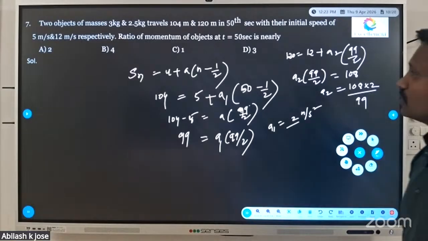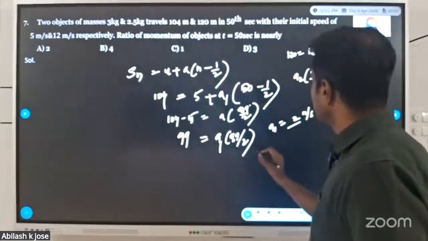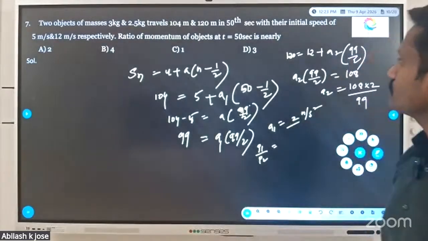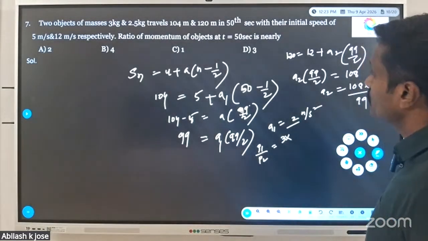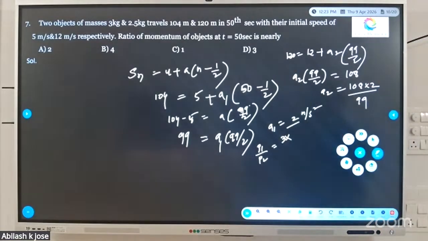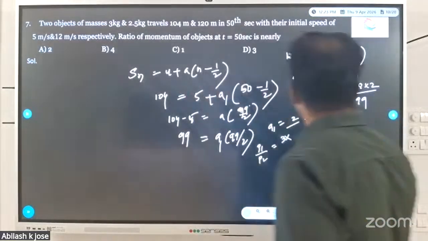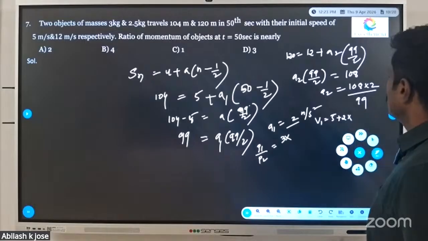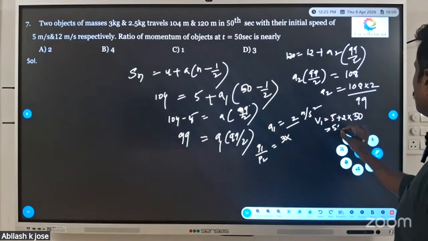We are asked to find the momentum. So momentum is mass times velocity, m1 into v1, so we should find out the velocity after 50 seconds. Velocity after 50 seconds, v1 is equal to 5 plus 2 into time taken 50, so it is equal to 105 meters per second.